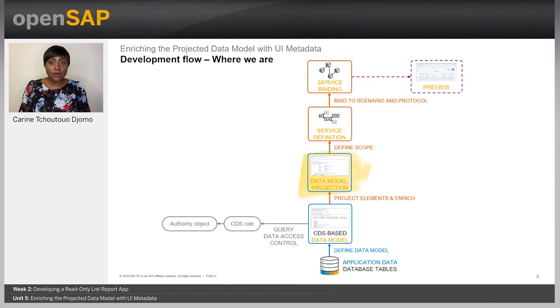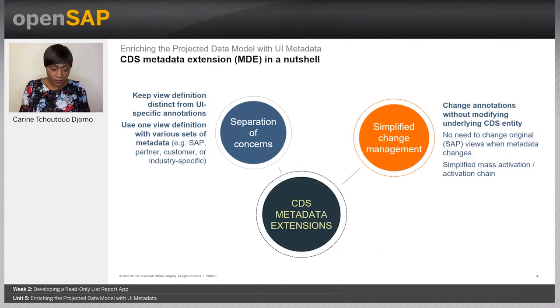This time, we will use CDS metadata extensions to further enrich the CDS data model projection with UI annotations. As already mentioned in Week 1, Unit 3, CDS metadata extensions, in short MDEs, allow the modification-free enhancement of CDS data models or CDS data model projections at the metadata level.